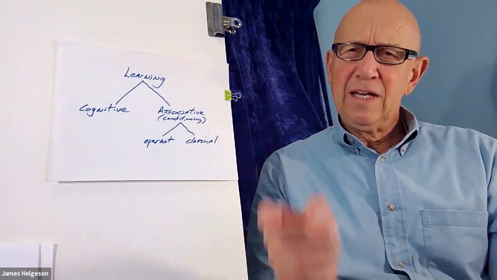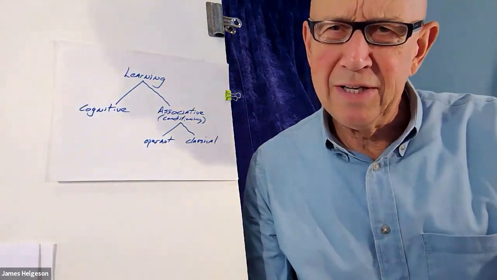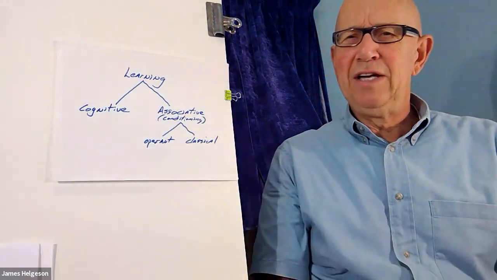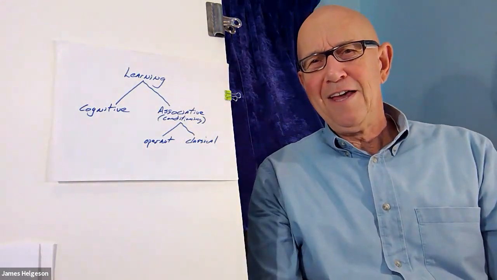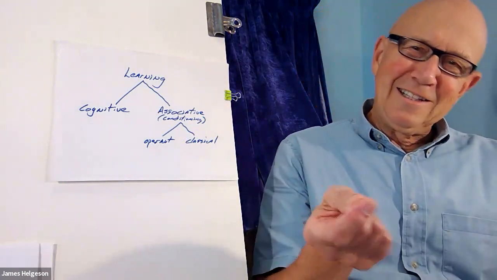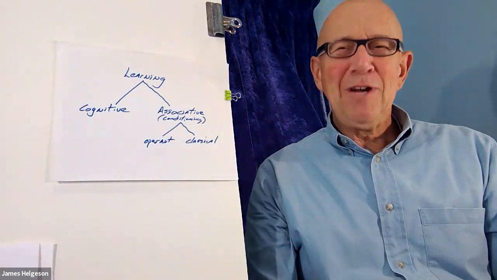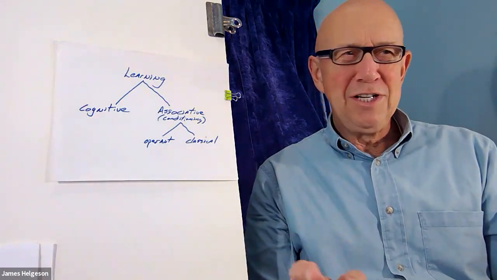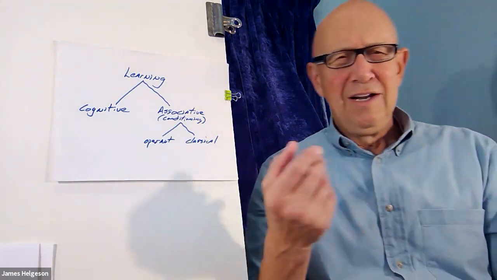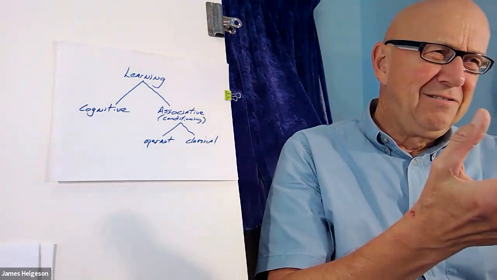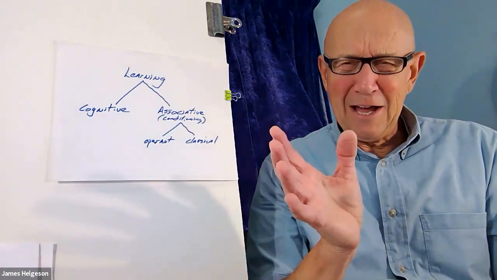So I go, Fifi, sit, with the hand command, voice command. And then I push her little doggy butt down. Now you have to use both hands on Fifi. She's a good size. Oh, push your little doggy butt down. And then give her a treat. Okay. So what am I doing? This is operant conditioning. Operant conditioning, you associate a reward or removal of something negative or something like that, right?